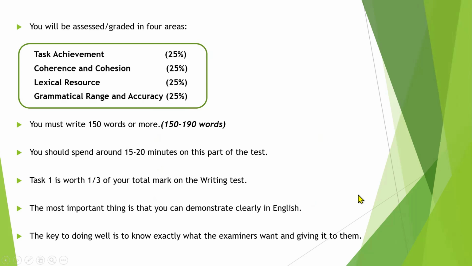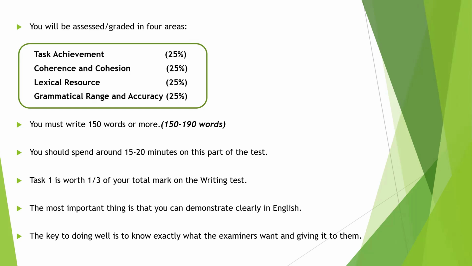Now these are the rules for the letter writing. All of you by now should be knowing that your IELTS is out of 9 bands. If you are not sure about the introduction, I have given a quick video about the introduction to IELTS. You can go and watch that. Now IELTS is out of 9 bands, and the band descriptors are here.